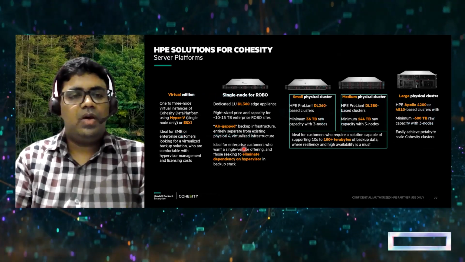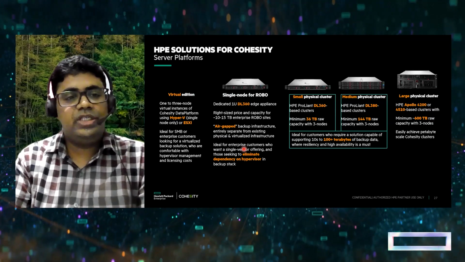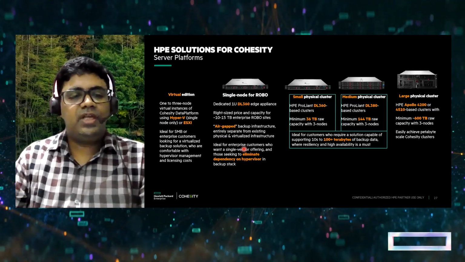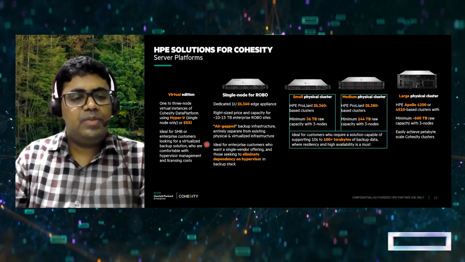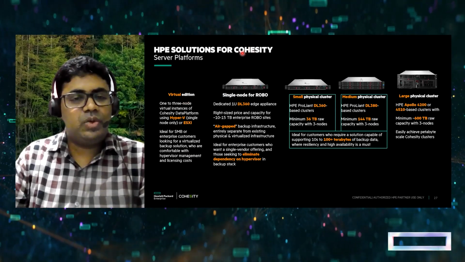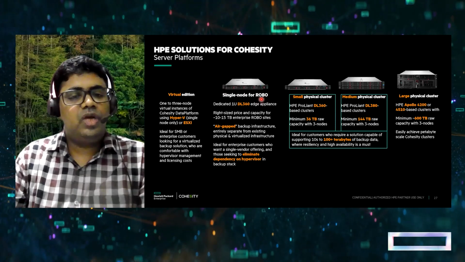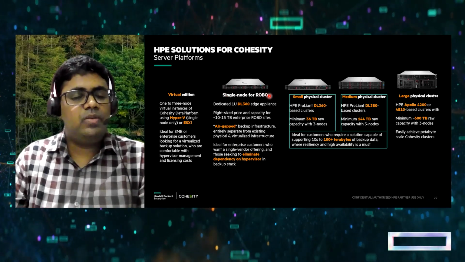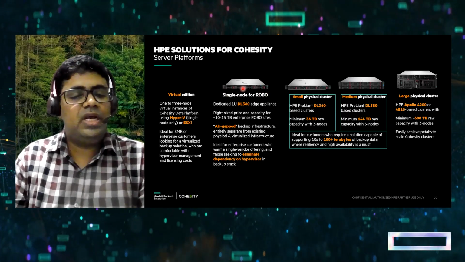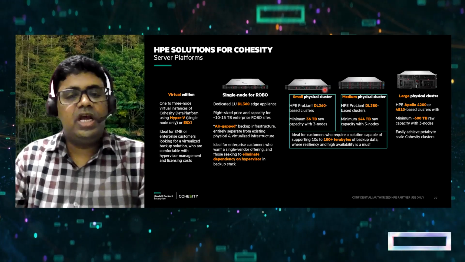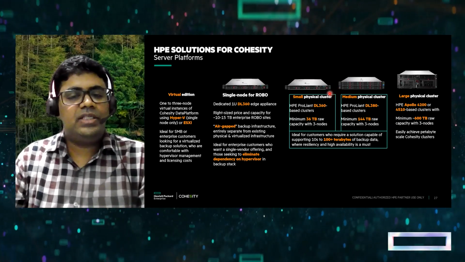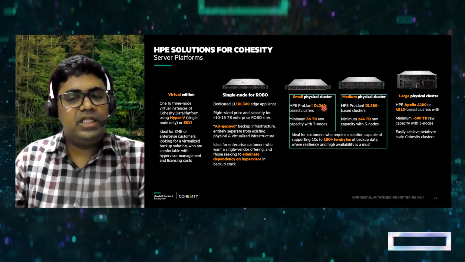Okay. Now, HPE solutions for the Cohesity server platform. For the server platform, we have mainly the virtual edition. That means Cohesity can run as a virtual edition, and also you can run on a single node for ROBO. Normally, a single node is preferred for remote offices and branch offices. For a small physical cluster, we'll go with a ProLiant DL360 model.